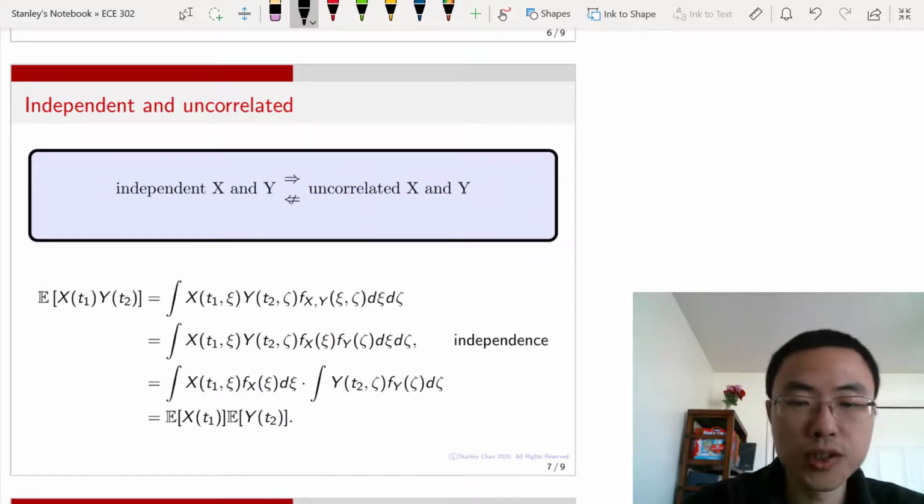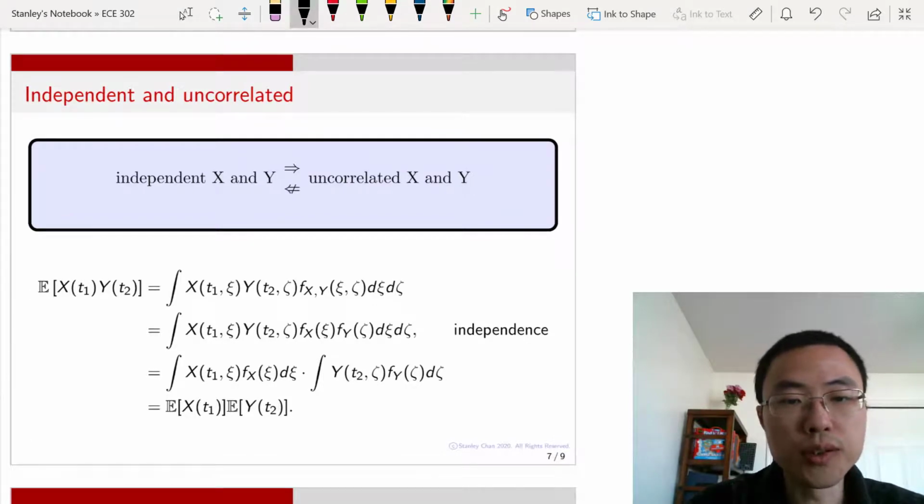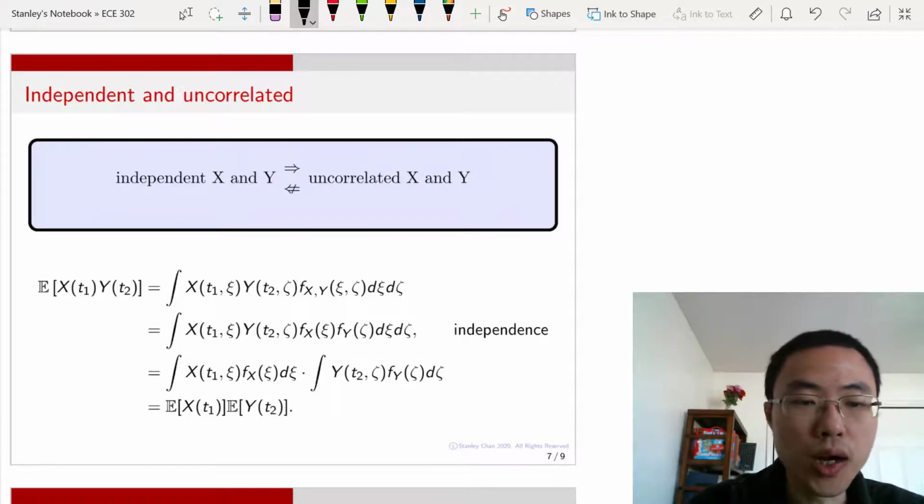This is the formal statement that I'm making here: if two random processes are independent, you can get uncorrelated. But if they're uncorrelated, you cannot go back to independent. And here is why.